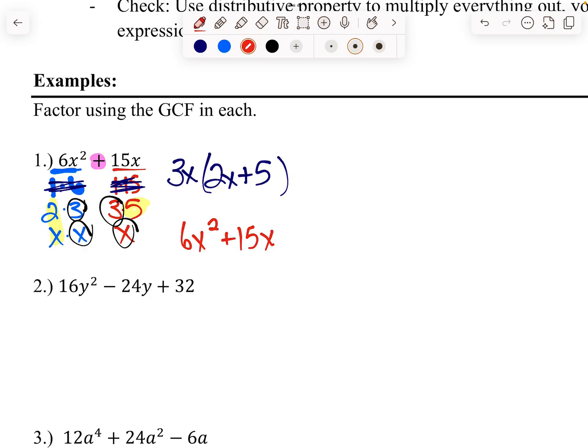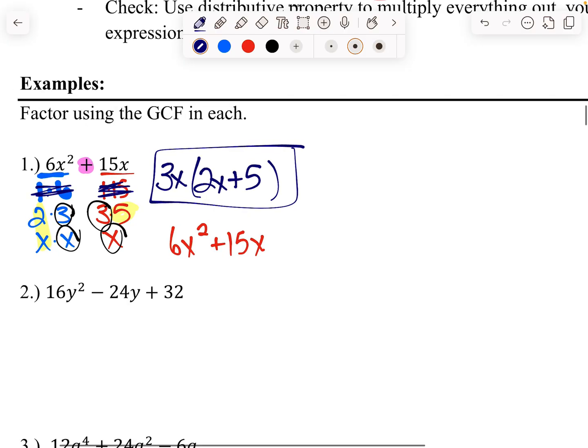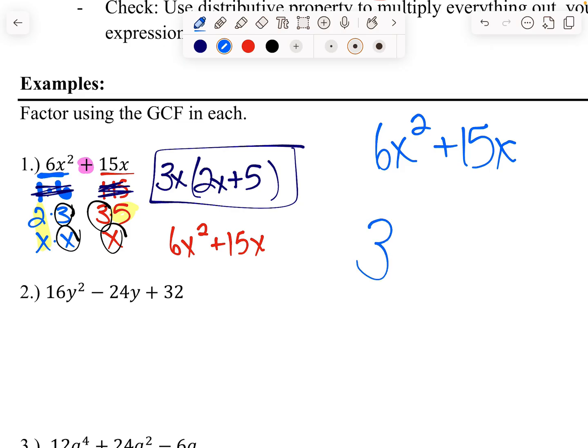So here's our answer. So let's say you don't want to make a list, and some of us don't need to. So you would look to see, okay, what does 6x squared plus 15x have in common? What's the biggest number that I could divide into both of them? Well, that would be 3. And then you want to see, okay, how many x's do they have in common? They have x.